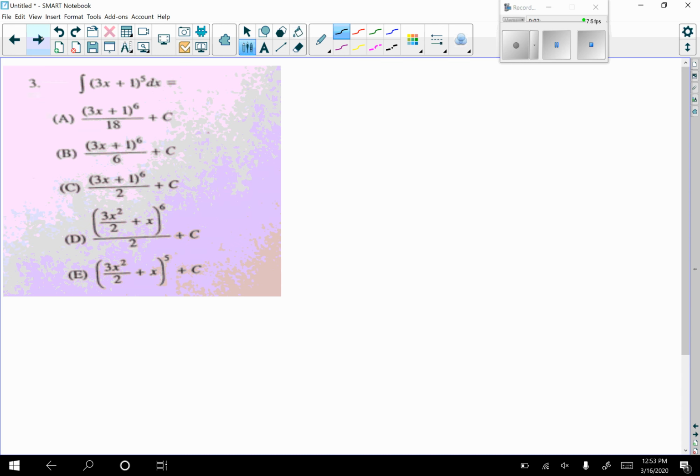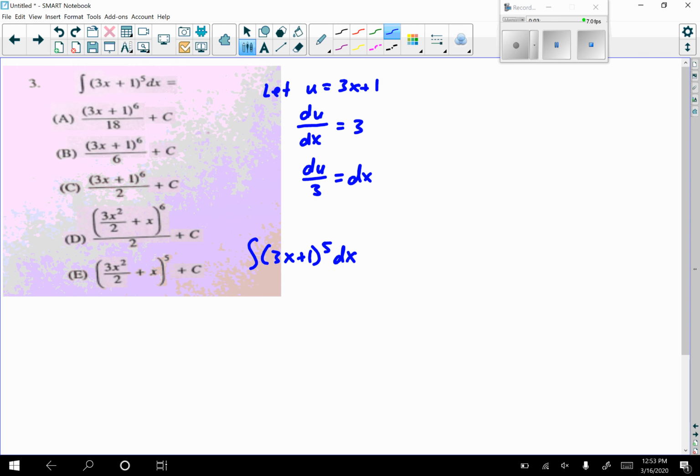Number 2, you could use substitution, which is what we've been working on. So I'm going to let u equal 3x plus 1. Then du over dx will just equal 3, and du over 3 is equal to dx. So rewriting this, it becomes the integral of u to the 5th times du over 3.